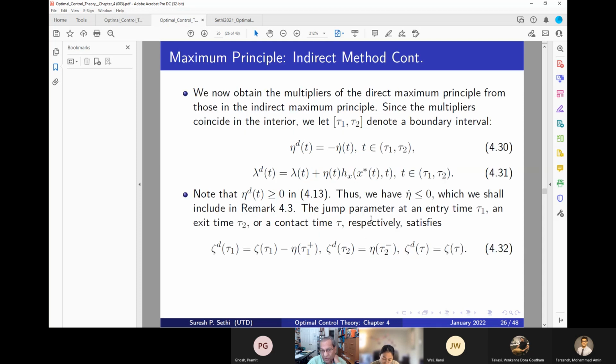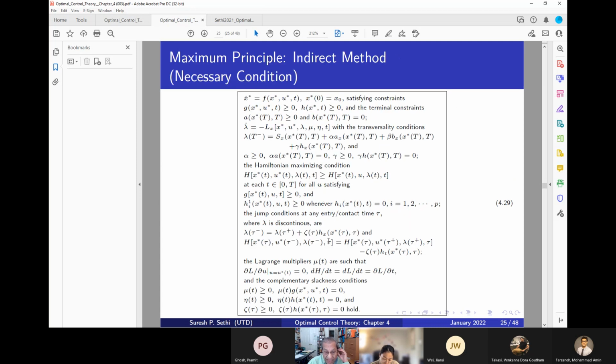But from the direct maximum principle and the relationship between the two principles, one can show that this eta dot should be less than or equal to 0, and one may put that into the conditions, because the more conditions there are, the better the necessary conditions. Your necessary conditions are trying to reduce the candidates for optimal control among all feasible controls. So more reduction is better.